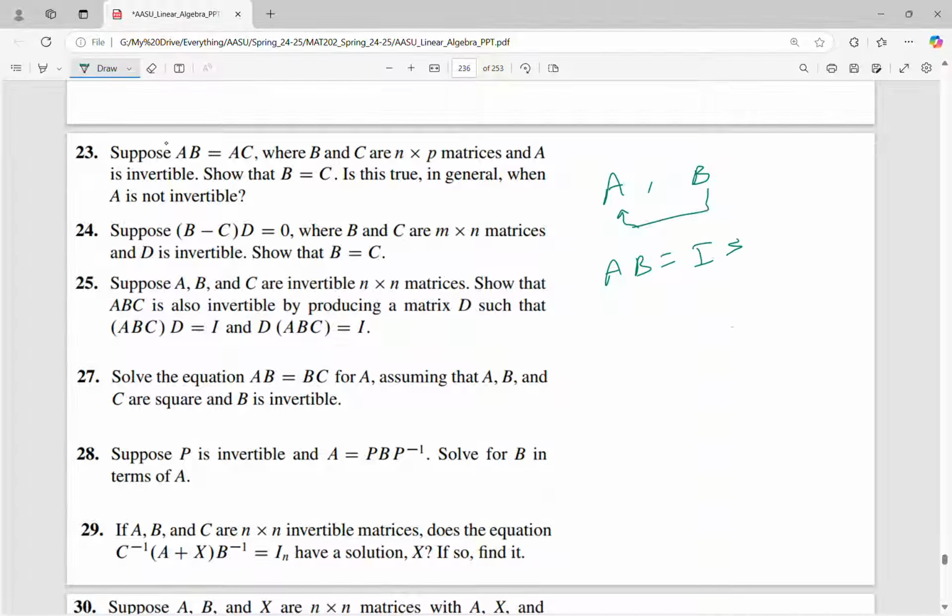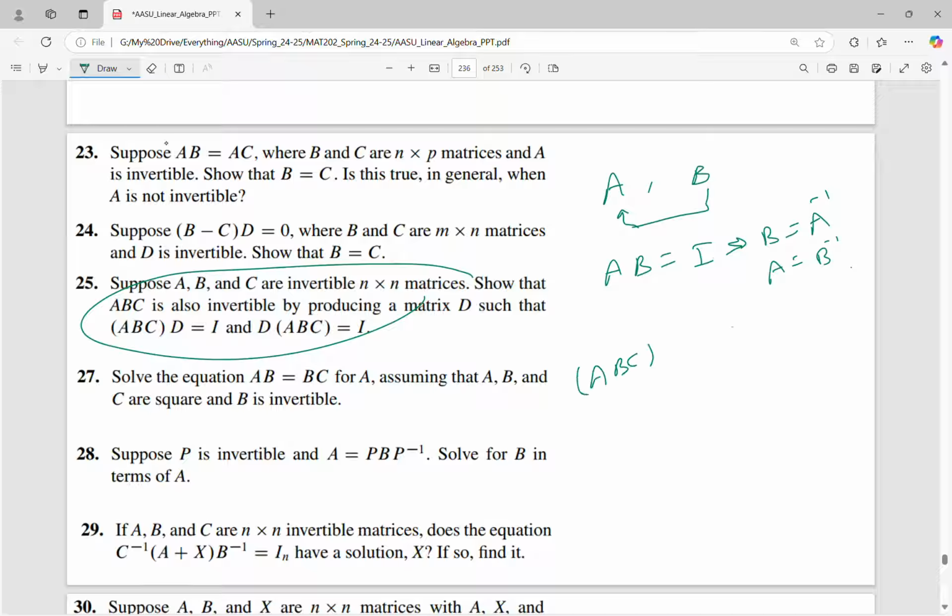If you get the identity, then one of them is the inverse of the other. Okay? All the time. Now for this question, if you have ABC inverse, you distribute the inverse, but you reverse the order. So it's not A inverse, B inverse, C inverse. This is wrong. It is C inverse, B inverse, A inverse, in the reverse order.